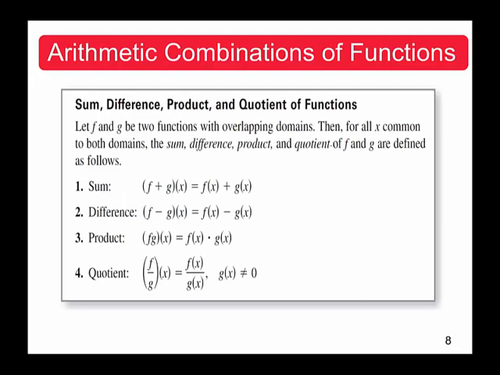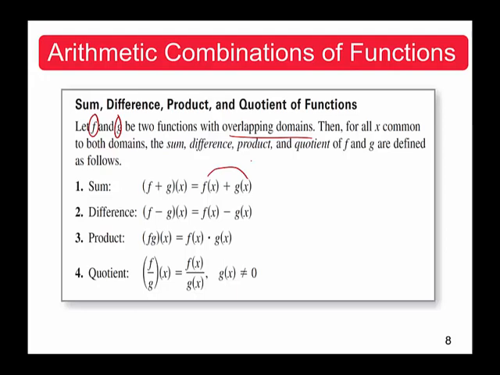So we have the sum, difference, product, and quotient of functions. Let f and g be two functions with overlapping domains, and for all x common to both domains, the sum, difference, product, and quotient of f and g are defined as follows. The sum, f plus g of x, just sum up the two functions, f of x plus g of x.